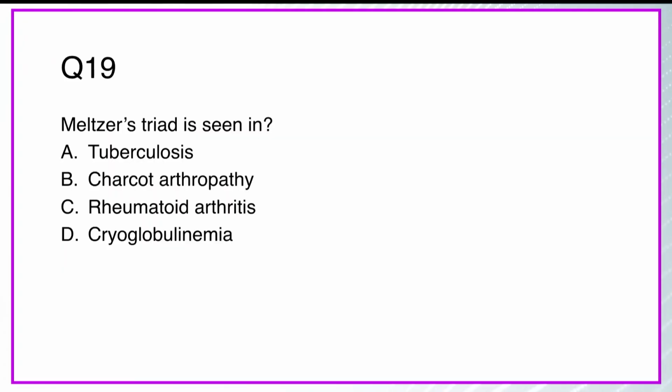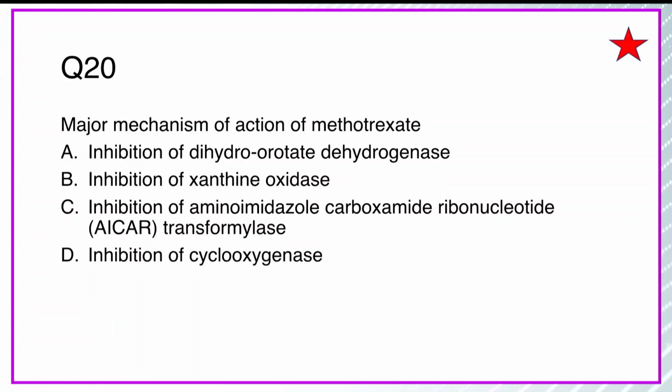Major mechanism of action of methotrexate: inhibition of dihydroorotate dehydrogenase, inhibition of xanthine oxidase, inhibition of AICAR transformylase, or inhibition of cyclooxygenase?